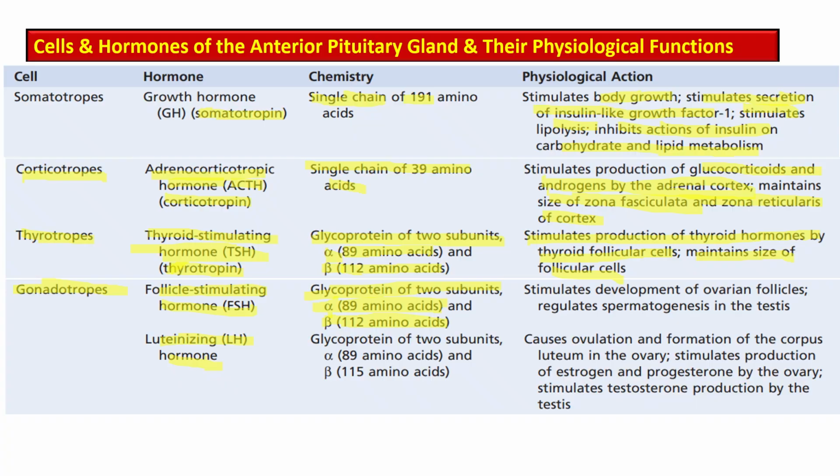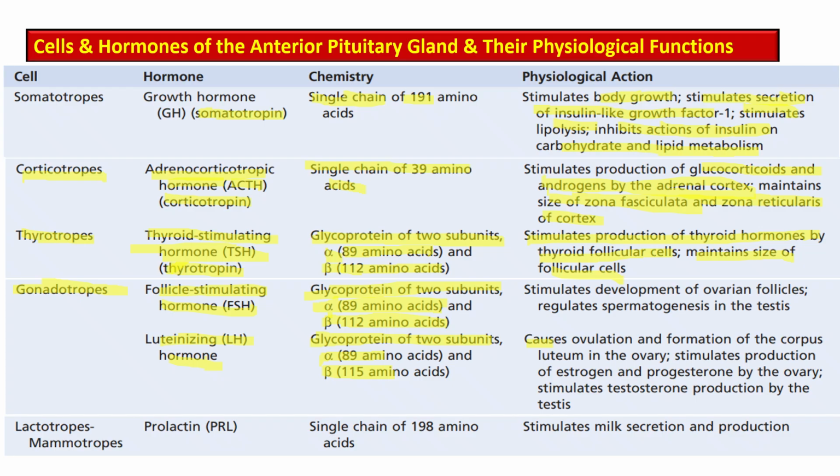The luteinizing hormone is also a glycoprotein of two subunits, the alpha subunit containing 89 amino acids while the beta subunit contains 115 amino acids. This luteinizing hormone causes ovulation and formation of the corpus luteum in the ovary, stimulates production of estrogen and progesterone by the ovary, and also stimulates testosterone production by the testes in males.